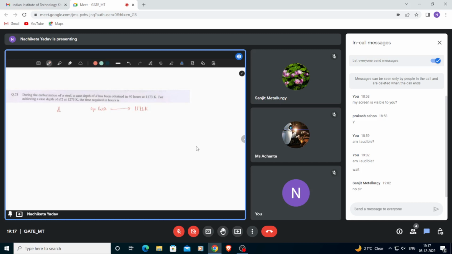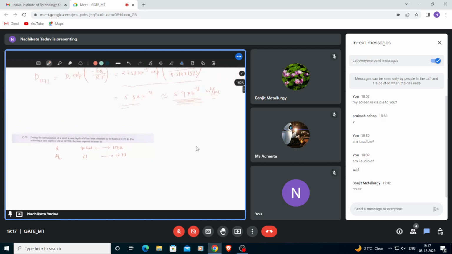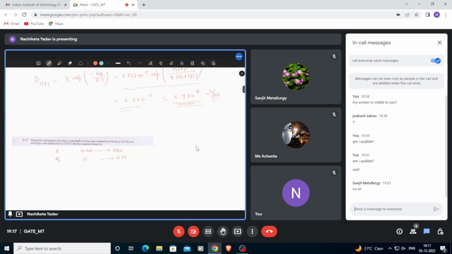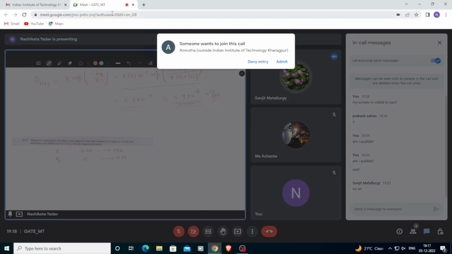And for achieving the same depth D by 2 at 1273 Kelvin, what is the time required? Can you guys tell me how to solve? I have taken this question mainly for this one.